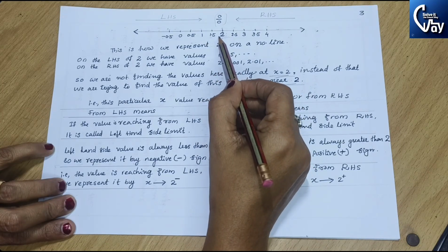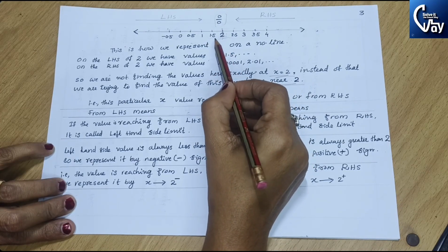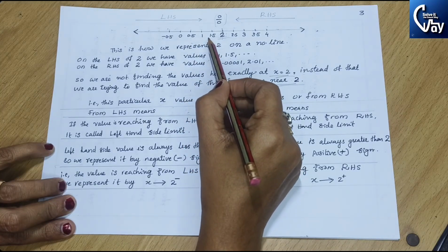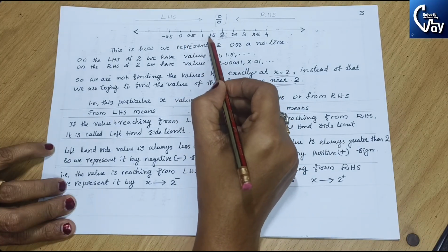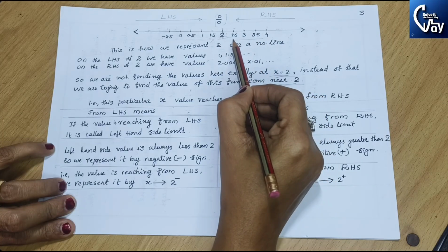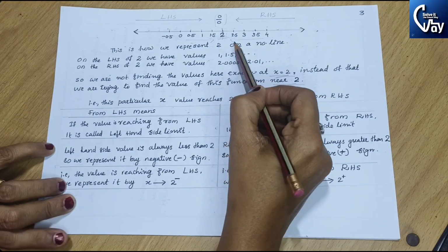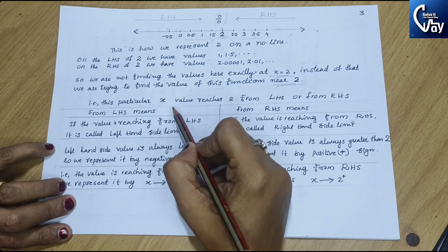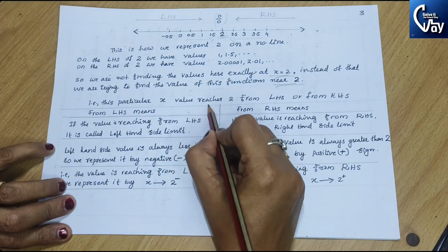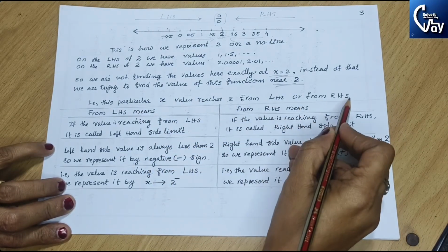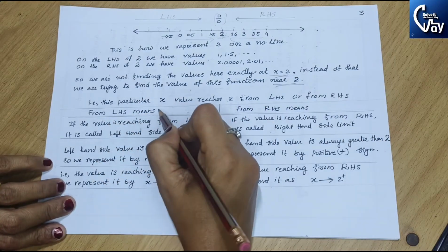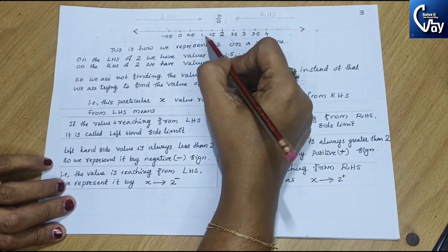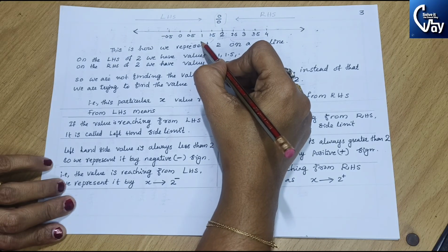So we have to find the value of the function near 2, which means x approaching 2 from LHS or x approaching 2 from RHS. Is it clear? That is, this particular x reaches 2 from LHS or from RHS. From LHS means the value reaching from LHS, it is called left hand side limit.